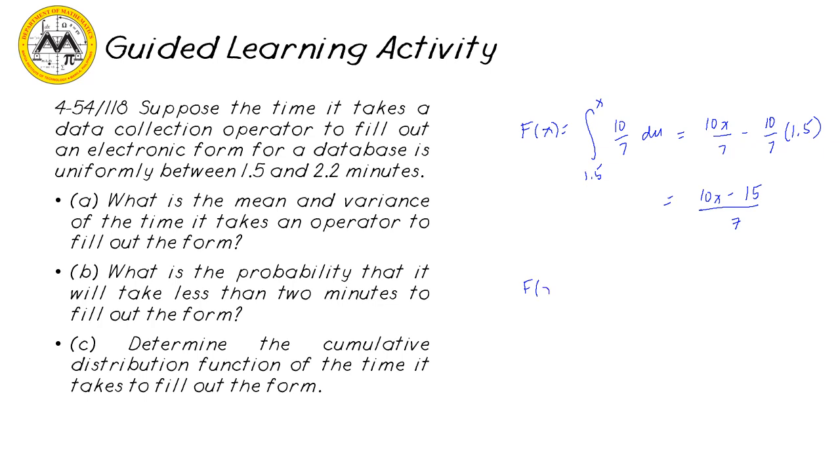So f of x now would be 0 when x is less than 1.5. It would be 10x minus 15 over 7 for x in between 1.5 and 2.2, and it would be 1 when x is greater than 2.2. So this is the cumulative distribution function.